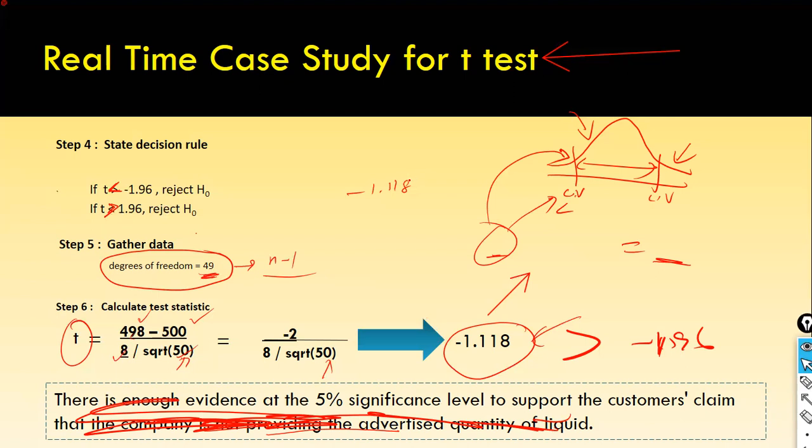We can say it the other way around also. With a 5% significance level, we fail to reject the null hypothesis. We are 95% confident that whatever statement the manufacturer made is correct.